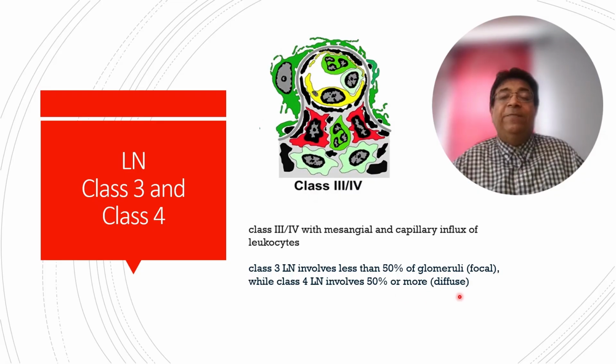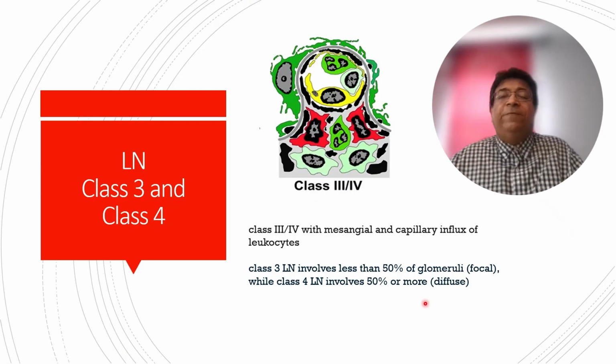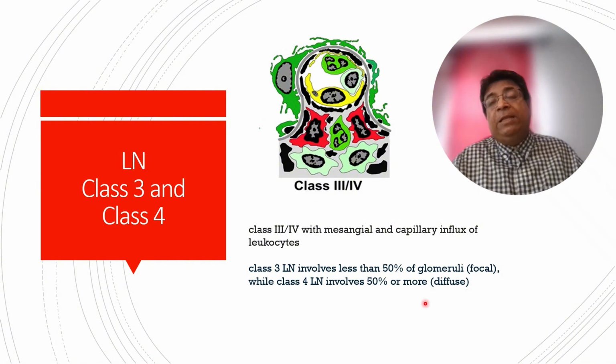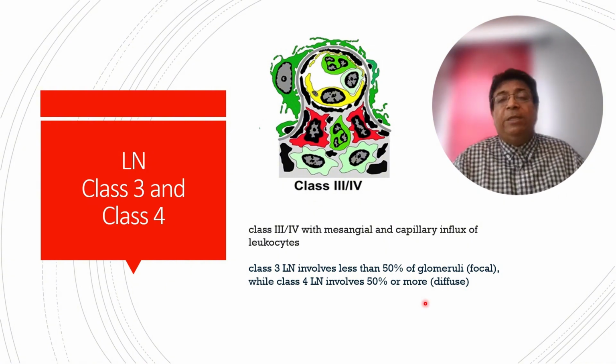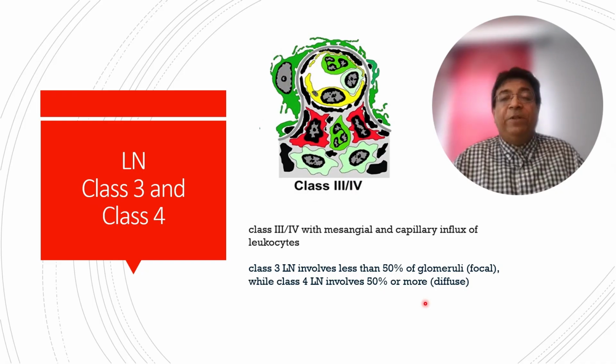So it's a diffuse process. And again, all these definitions for interpretation of kidney biopsies, focal versus diffuse, what's mesangial hypercellularity, what's endocapillary hypercellularity, all of that, they have been defined in the 5th talk of the 8 talks of board review.